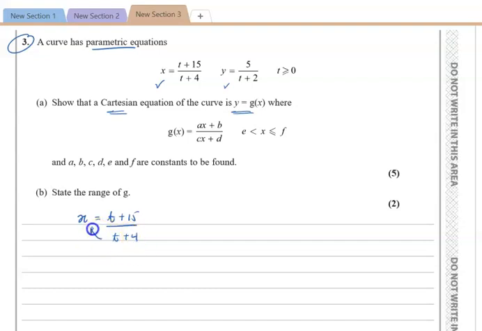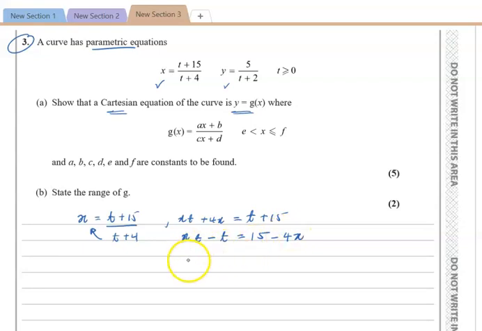So to make t the subject, I'll multiply by t plus 4 on the other side. So you have xt plus 4x equals t plus 15. Collect terms. So you have xt minus t is equal to 15 minus 4x.